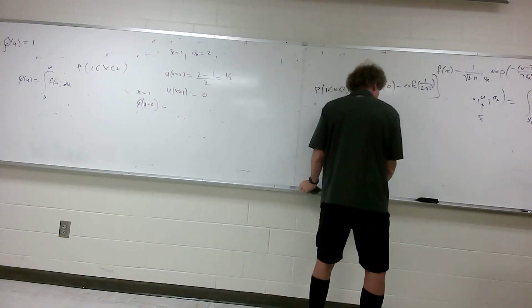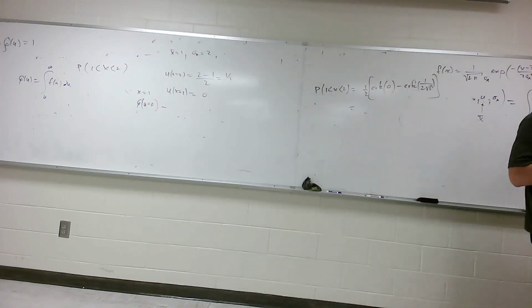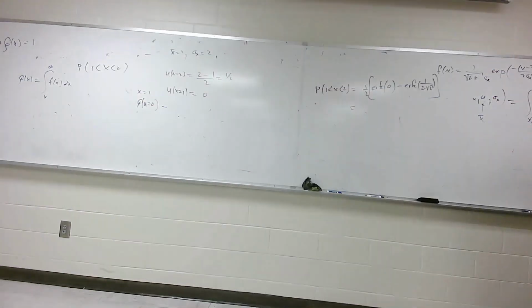Let me tell you what I get. You tell me if I can get the same answer. I know it seems like a waste of time, but trust me. It's going to be 1/2 square root, and this is going to be ERFC of 0 minus ERFC of 1/2 square root.